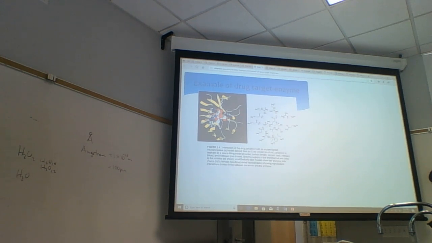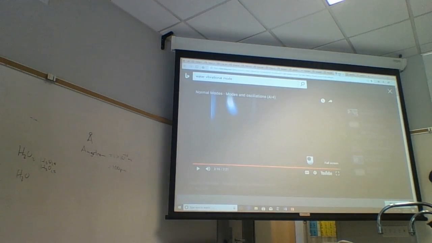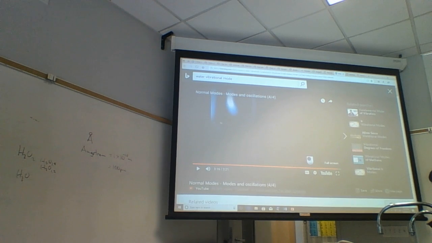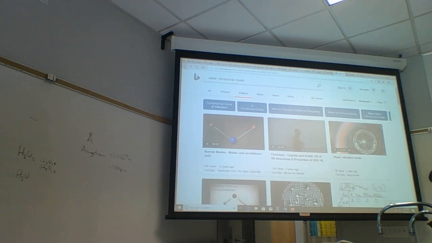First off, let's take a look at some motion here. It turns out that the motion is kind of complicated. It's really weird, though, because water molecules can't vibrate any way they want.